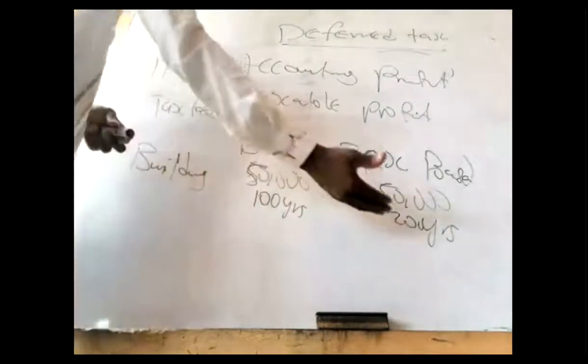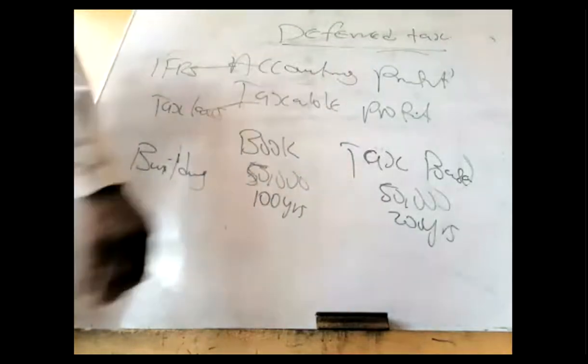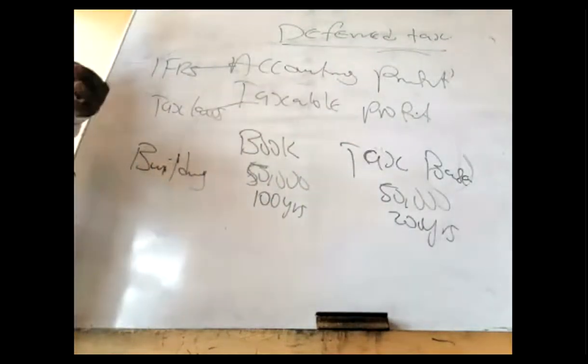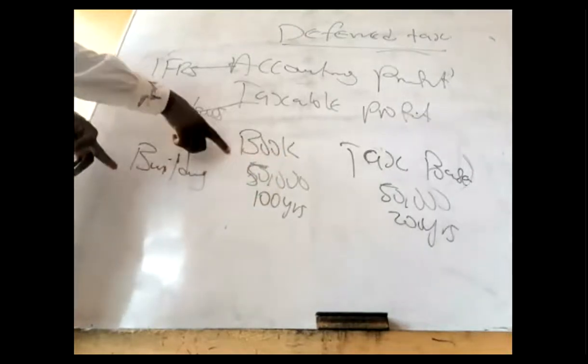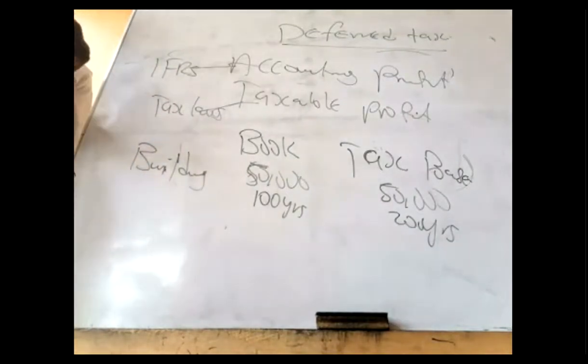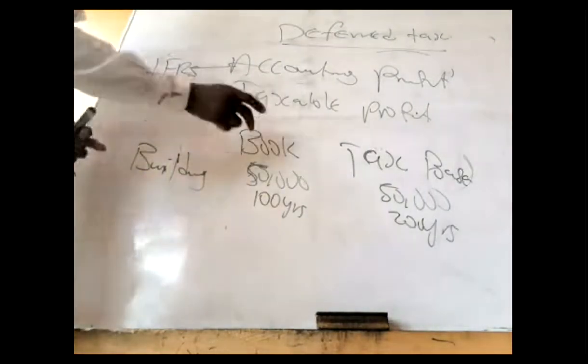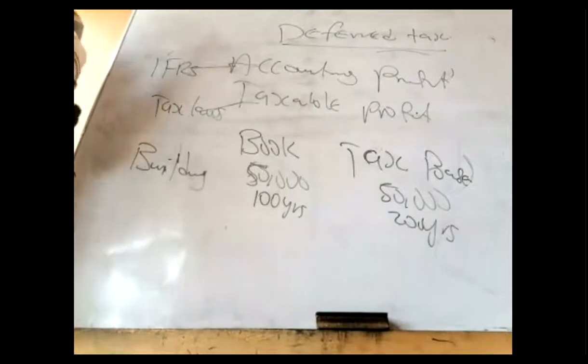So after just 20 years, the building vanishes from the books of the tax authority. After 100 years, the building also vanishes from the books of the company. Is there any difference again? No, there's no difference. The difference is just in the timing. So tell the examiner, Mr. Examiner, temporary difference: both the accountant and the tax authority see the same item, but the timing is different.